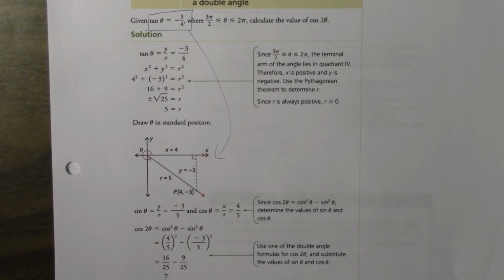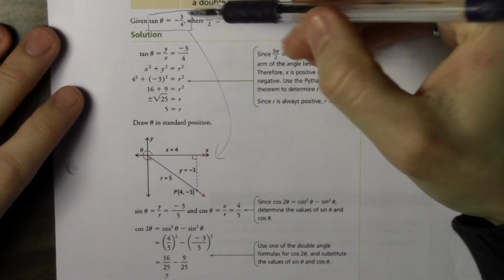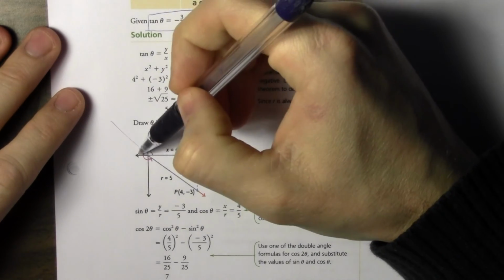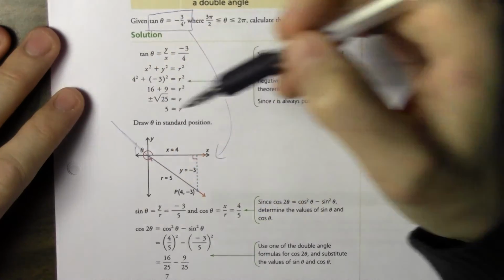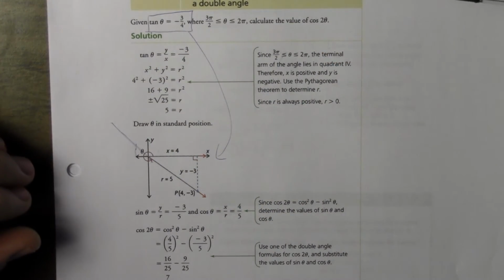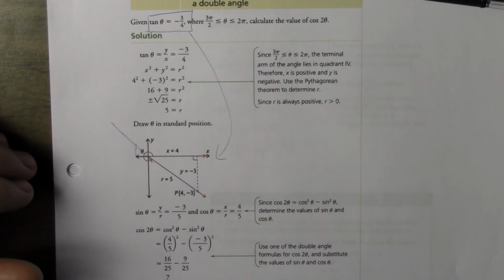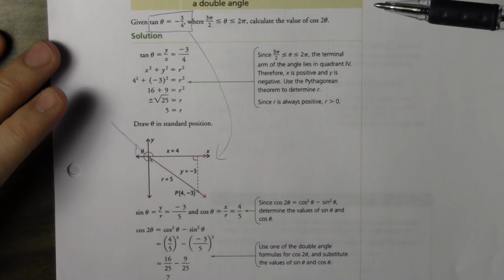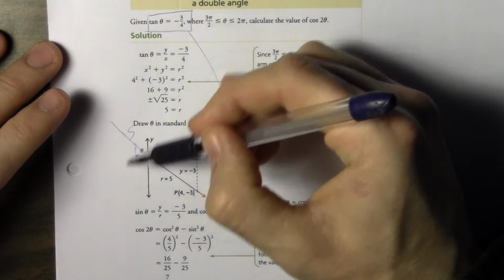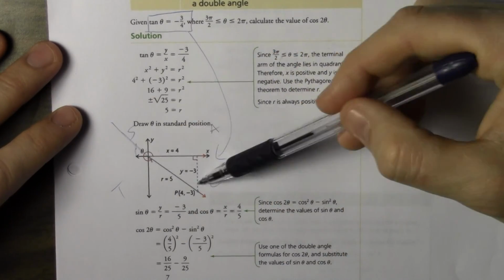Not the first. Yeah, the second. Why the second? I know everyone's thinking, well, it's the related acute angle, it's over here, obviously. But why do we know that from here? Yeah, because that's where tan's negative. Yes, good, exactly. Tan's only negative in these two quadrants.